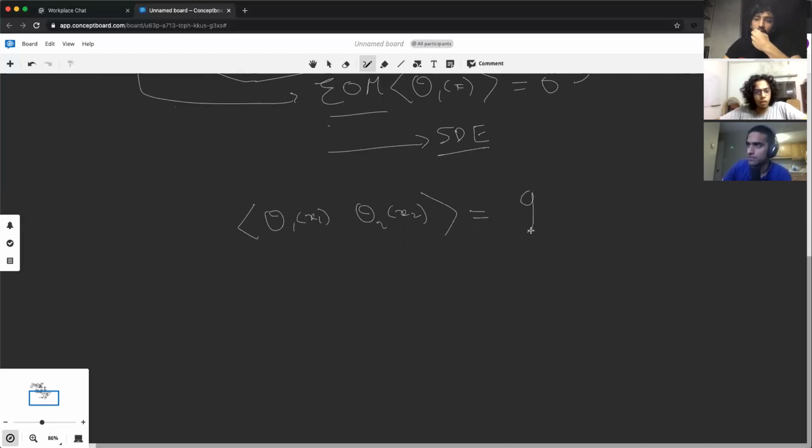I'll give you a clue. Some function of differences. Good. Why differences? Because you're talking about some transformation, that means you're moving from point A to point B and you're transforming it under a particular symmetry, and then you want to see how everything changes under that particular transformation. So which one do you think?